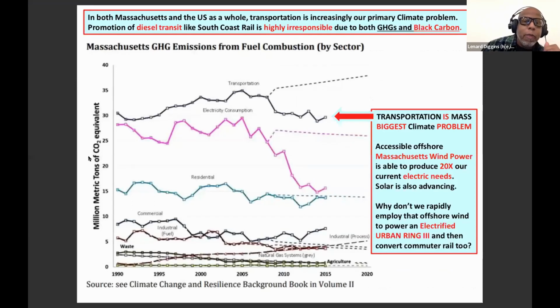Okay, no problem. Some of this data is old, but this is kind of climate oriented data, and it's a long-term issue. This first slide shows a Massachusetts greenhouse gas slide from a few years back, and it shows how dominant transportation is as the sector that really has to be tackled.